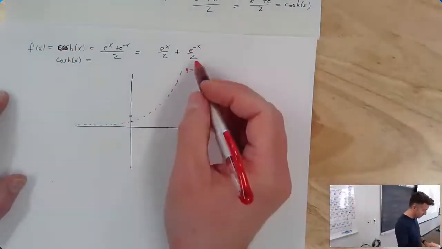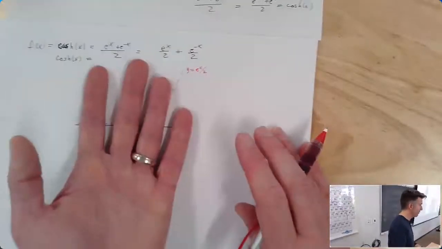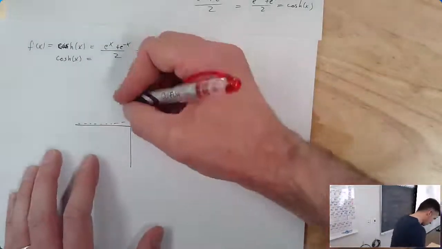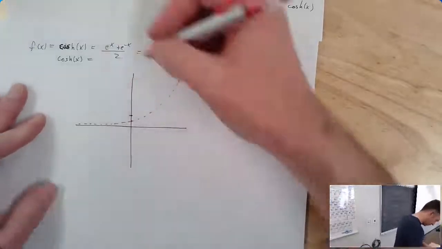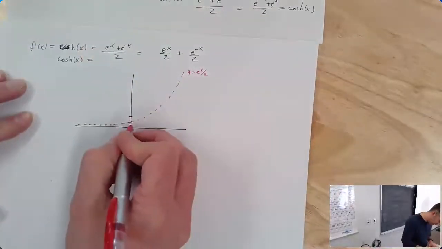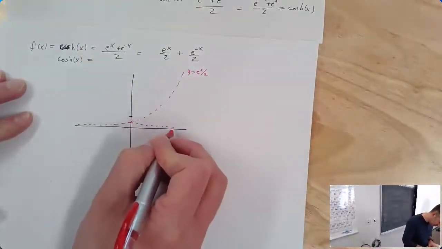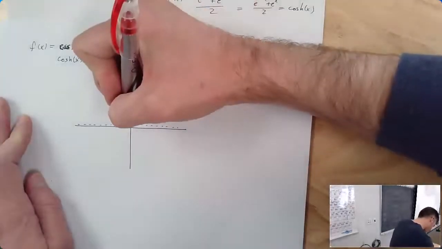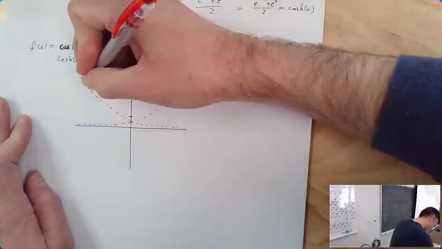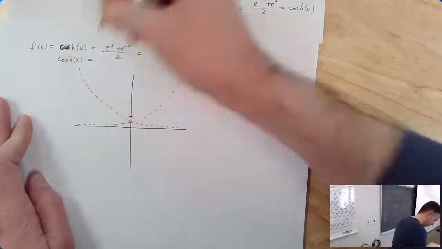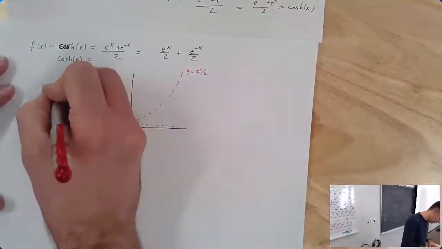So e to the negative x over 2 looks like the same graph except flipped over. So it's going to be, let's make sure I get this right. I'm always bad at graphing the other direction. I don't know why it troubles me so, but I just am. Oh yeah, self-fulfilling prophecy there. It should be symmetrical.